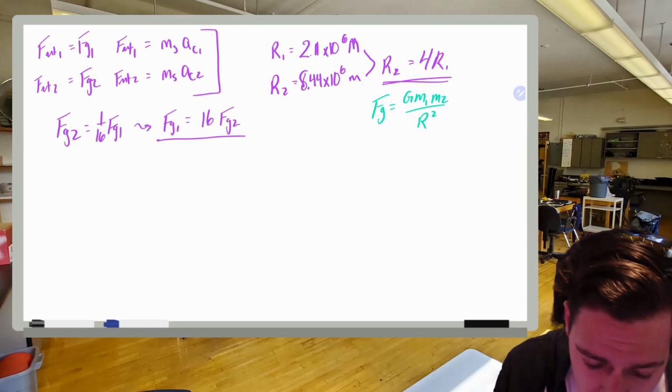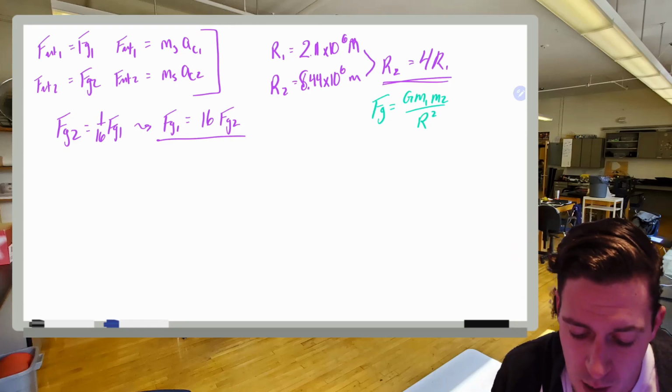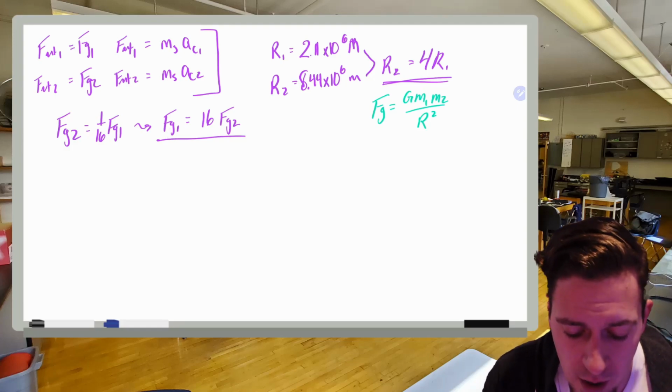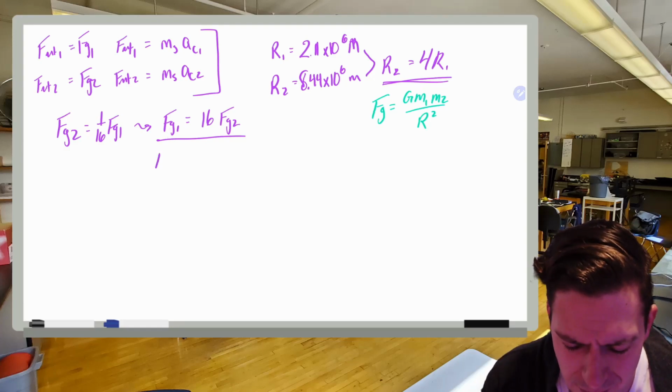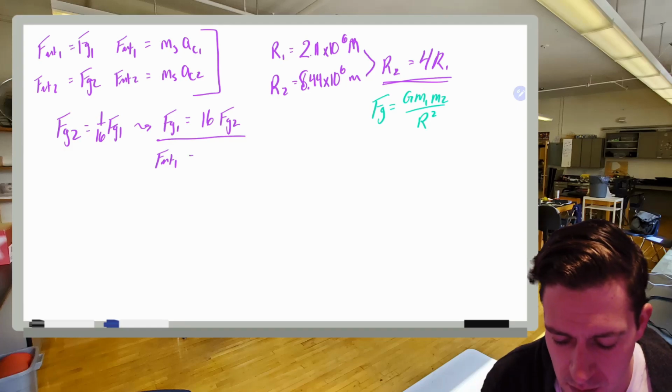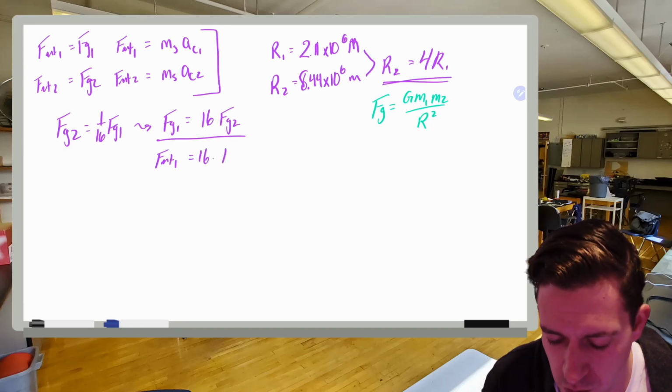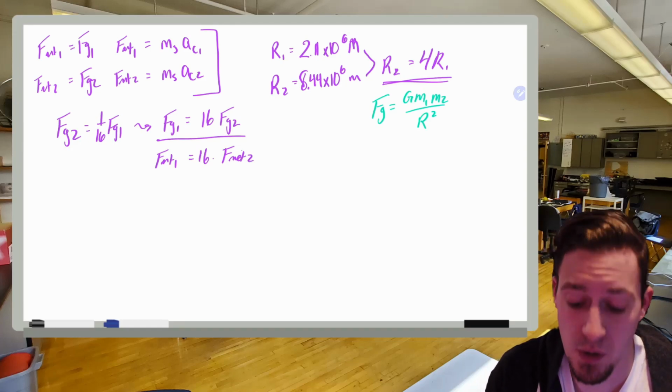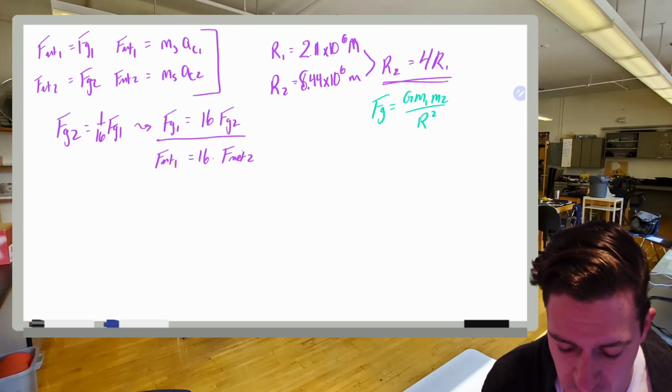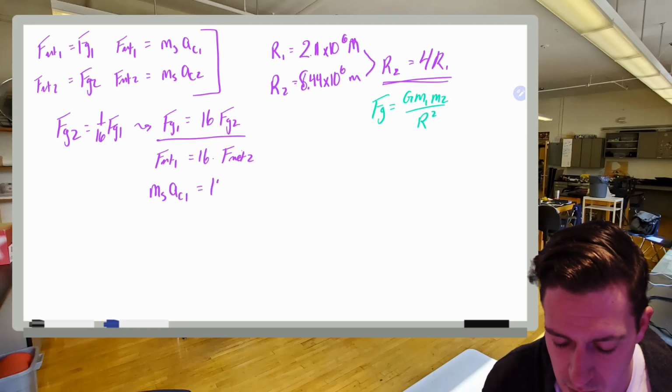So what I can actually do now is basically smash in here, because FG1 is really like F net 1 16 times. FG2 is really like F net 2. And we had said that F net 1 would be the mass of the satellite, AC1, 16.